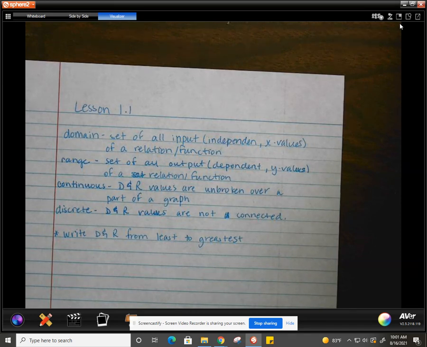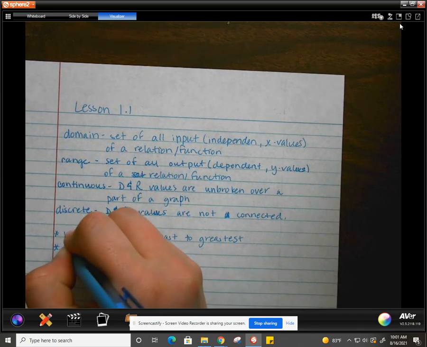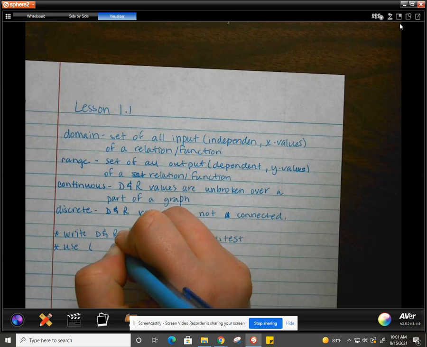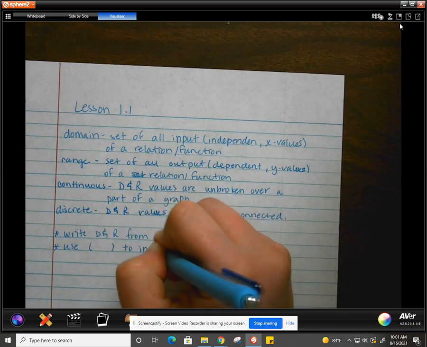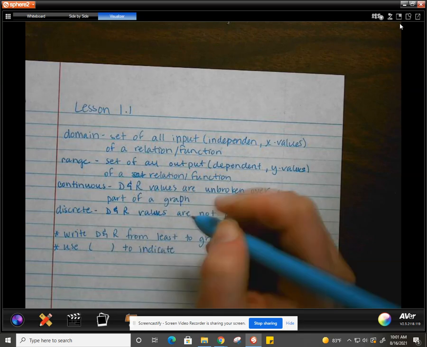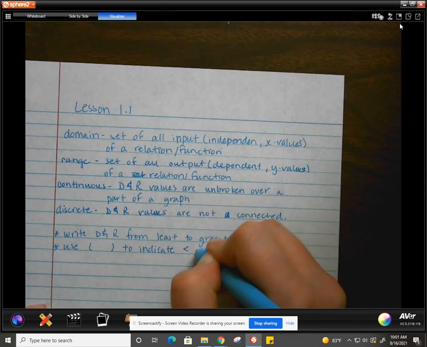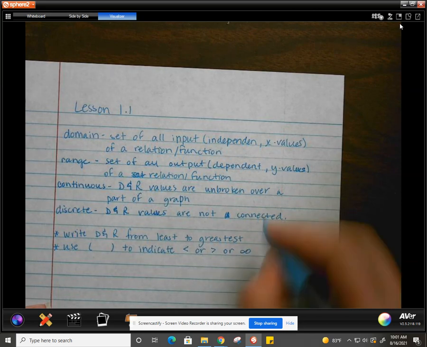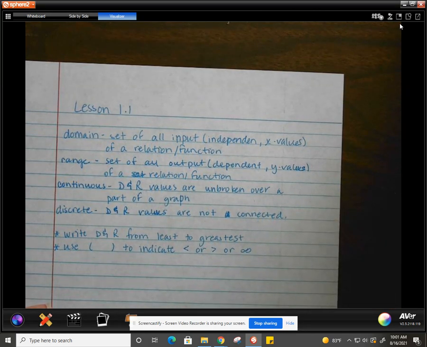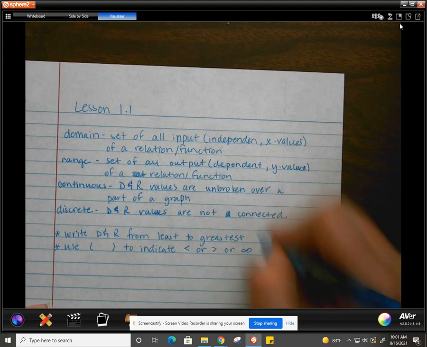Okay, one more note that you need to take is we use parentheses to indicate less than or greater than or infinities, because these are what we call exclusive.